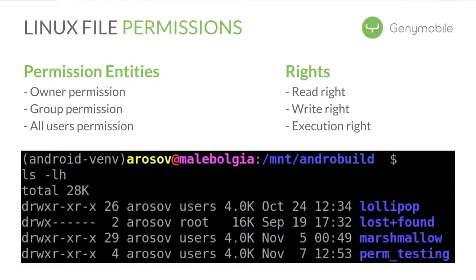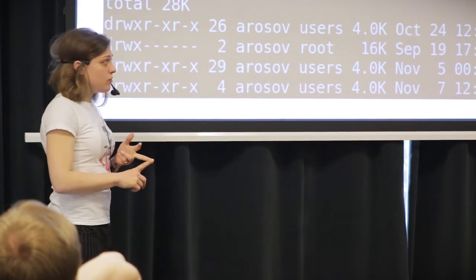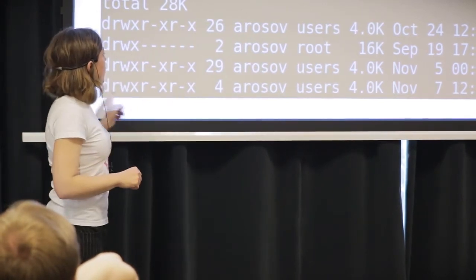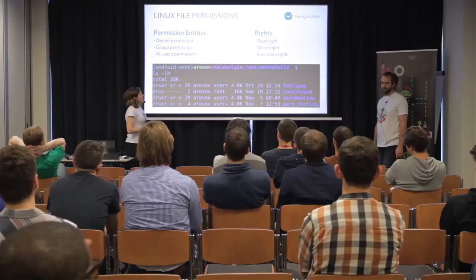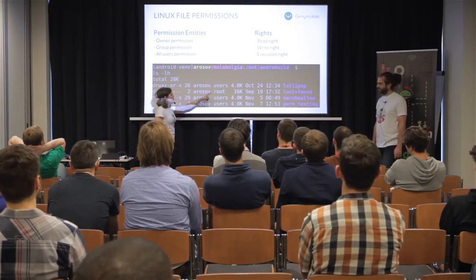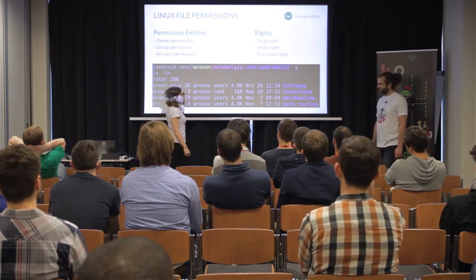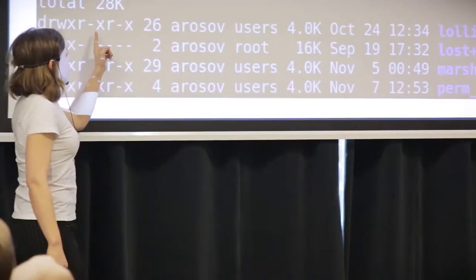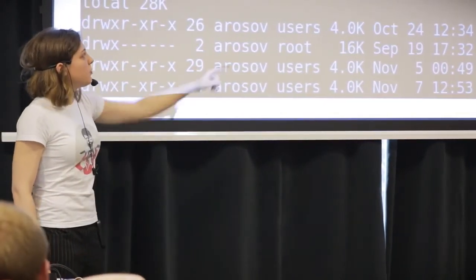Okay, let's see what's going on with the groups and the users. It gives you the rights on processes and files. The rights are read, write, and execute, and you have here all the letters that represent your access to a file. As you see here, Resolve belongs to the users group, and all the users belonging to the group users will be able to execute and read in this Lollipop directory.